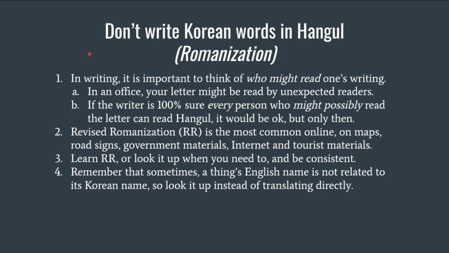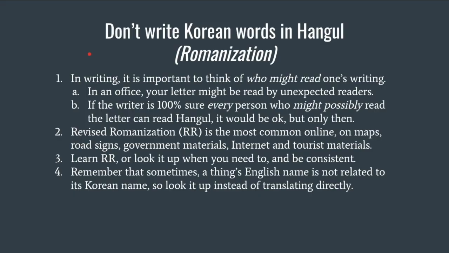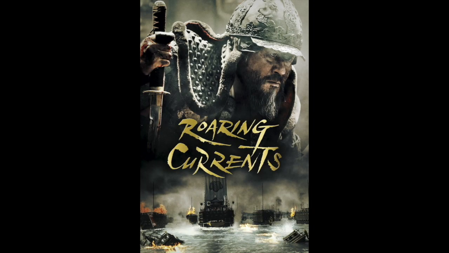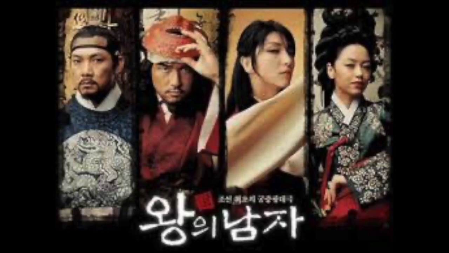One example of this is in movies. There was a famous movie, Myeongrang. Really good movie. The English title is completely unconnected to the Korean title. The English title was Raging Currents, Roaring Currents, I think.